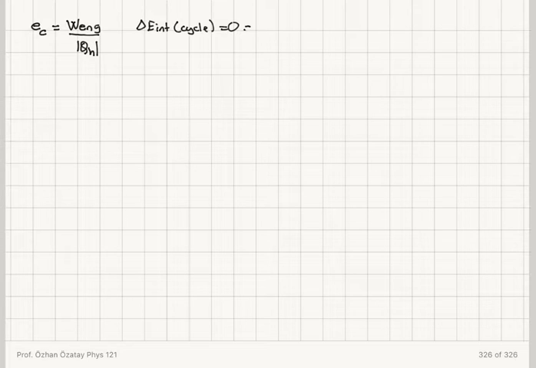So the total energy added to the system in the form of heat and in the form of work add up to 0. So the total heat added to the system is minus the work done on the system. Let me remind you, this is on the system.